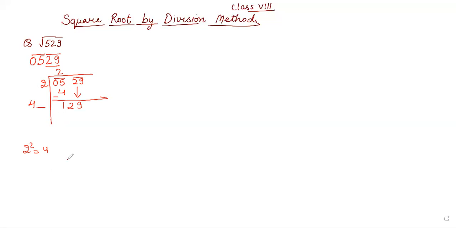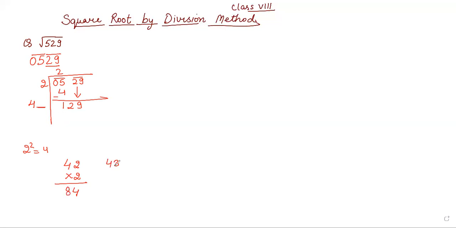So if we take 2 with 4, we have to multiply it with 2 to get a number less than or equals to 129.